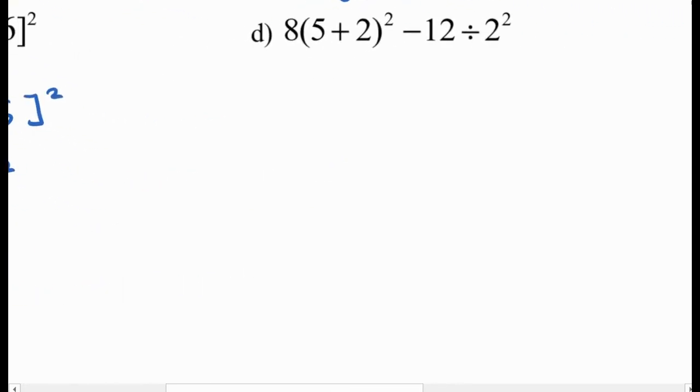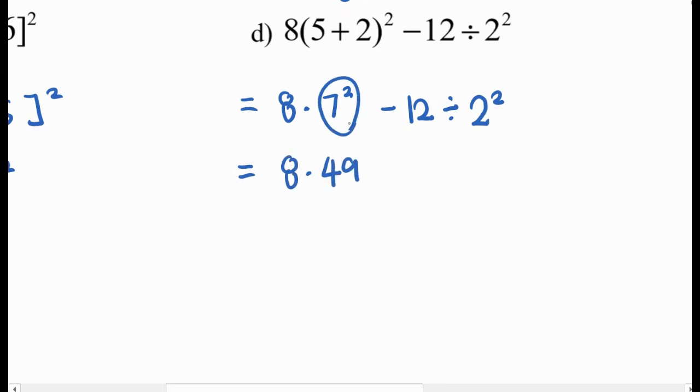Next question. So we do the bracket. 8 times, times is hiding here, 7 squared minus 12 divided by 2 squared. So after that, we're going to do the exponent. 8 times 49 minus 12 divided by 2 squared, which is 4.